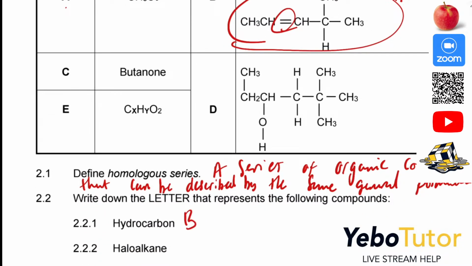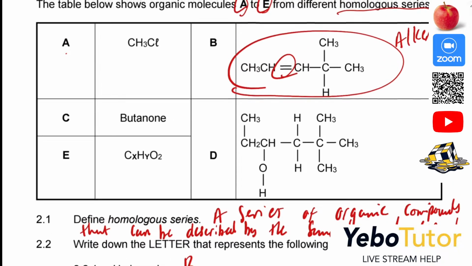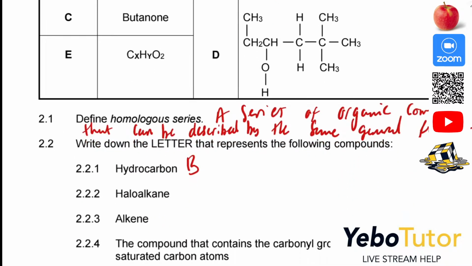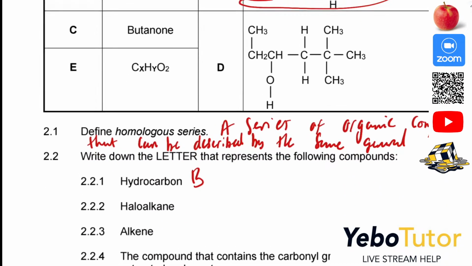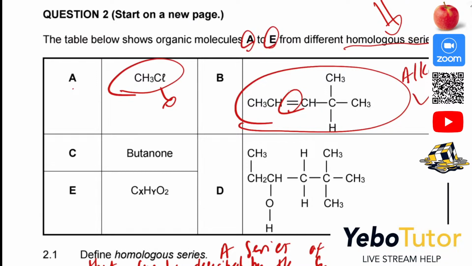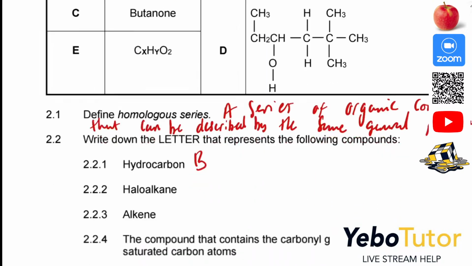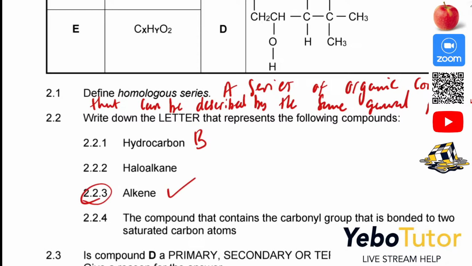A haloalkane. Definitely that should be this one, because we can see this Cl which we have, that will give us a haloalkane there. An alkene, that will also be on B. As I said, we can see that because of this double bond, so that will give us an alkene as well, because an alkene is also a hydrocarbon, guys.